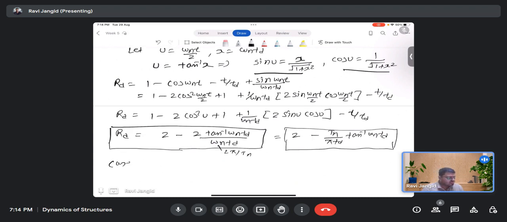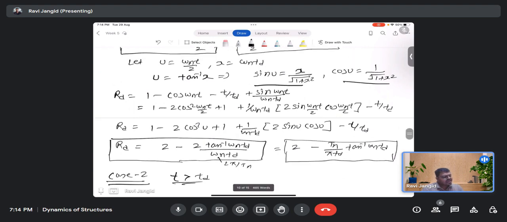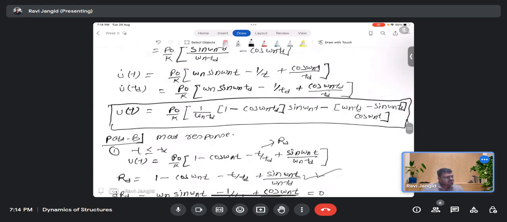And for case 2, t is greater than td, can you directly tell me from this expression what will be my maximum response? Anyone? Not 2. If you look carefully, this equation looks like p naught by k, some factor a multiplied by sin omega t plus some factor b multiplied by cos omega t.